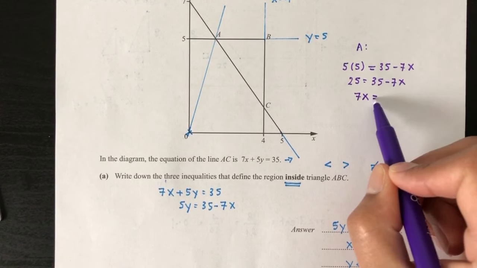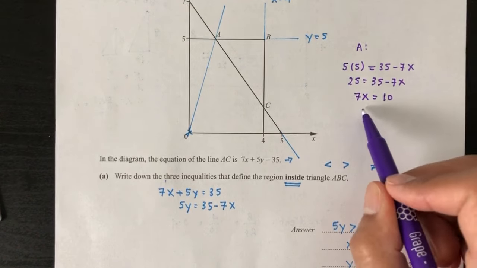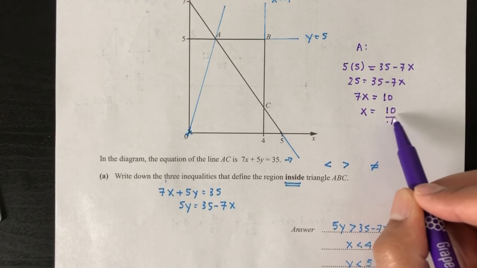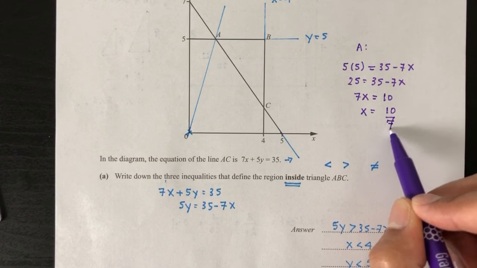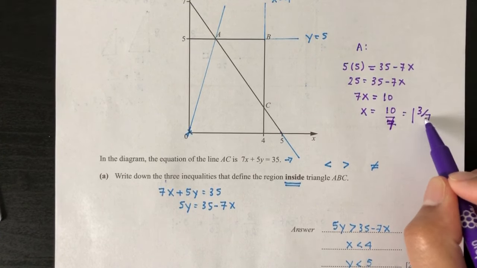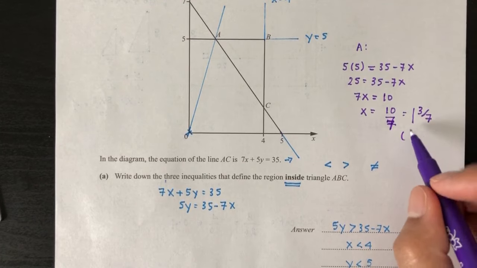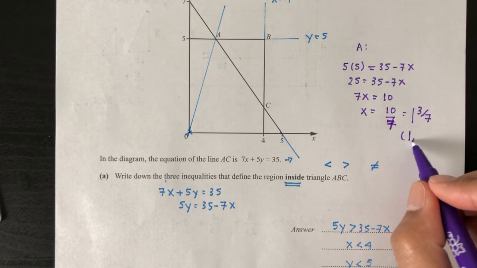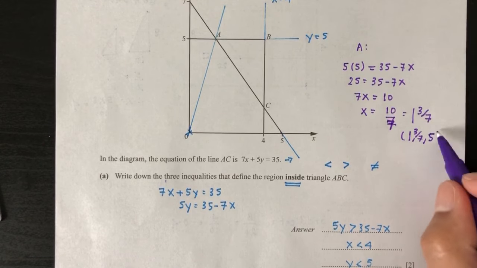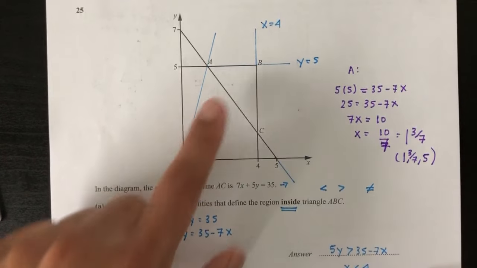So 7x is equal to 10, x will be equal to 10 over 7. So your point A will be (10 over 7, 5). That is your point A.